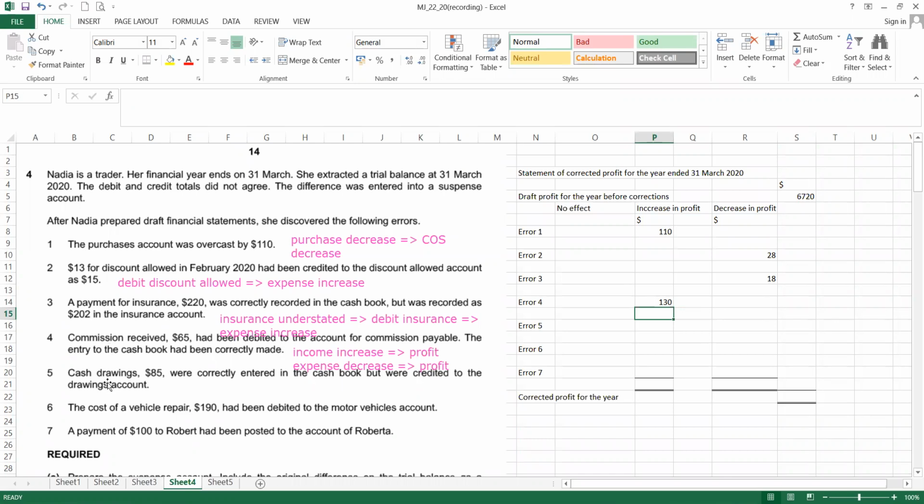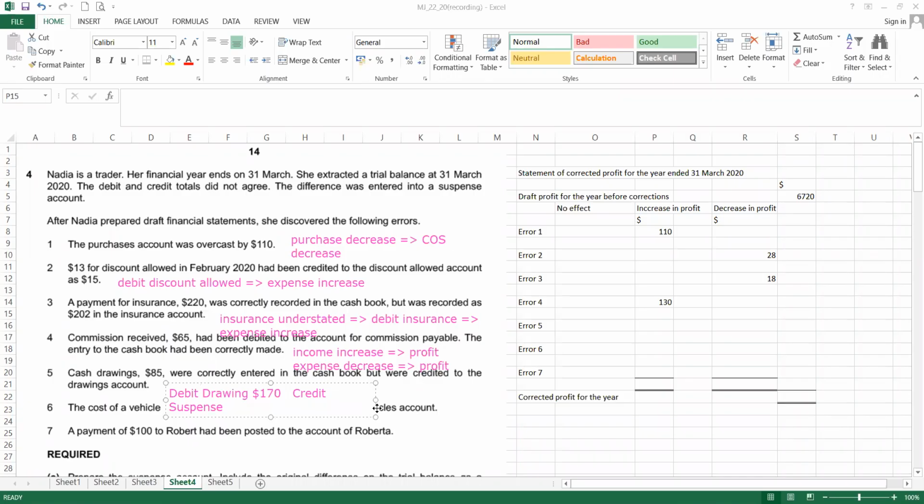Next is number 5, cash drawing. This one, the double entry to adjust it is debit drawing 2 times, which is 170, and then we credit suspense.